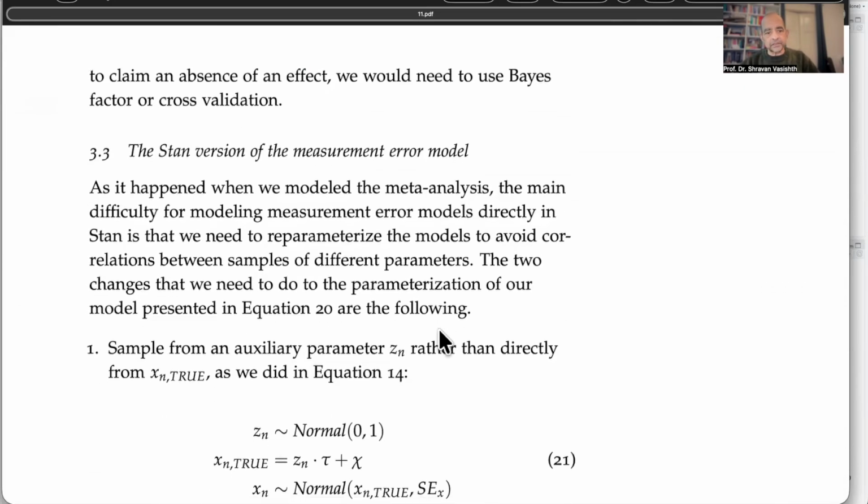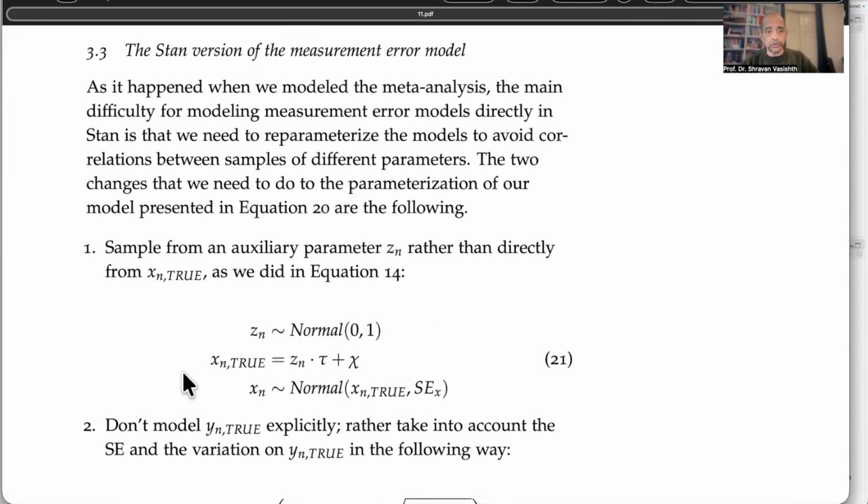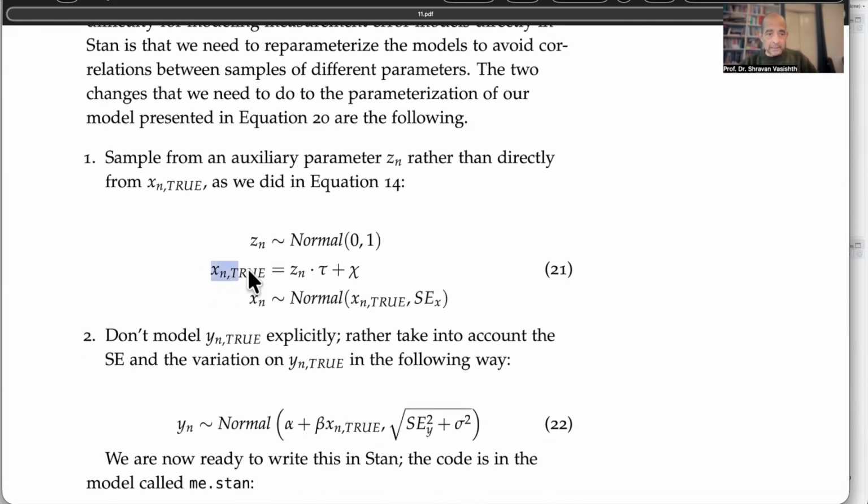In the standard version of this model, we are going to use the non-centered parameterization, right? Because we would get convergence problems otherwise, we set up a standard normal of the random variable, and then we use that to produce the true unknown x sub n's.